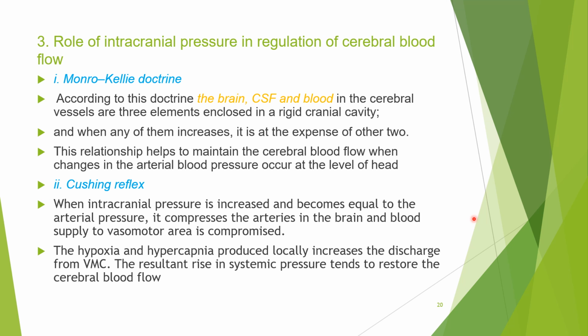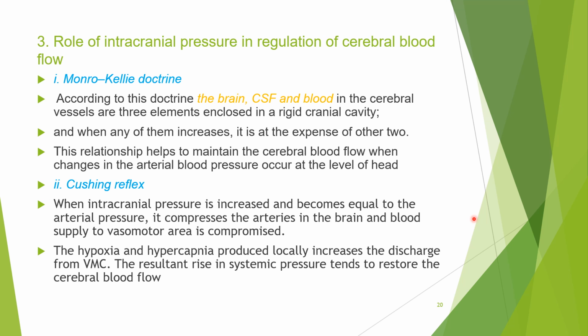Then the discharges coming from the VMC are increased. Then what happens? It will raise the systemic pressure to restore the cerebral blood flow. So the output from the VMC will increase the systolic blood pressure and it will increase the cerebral blood flow.